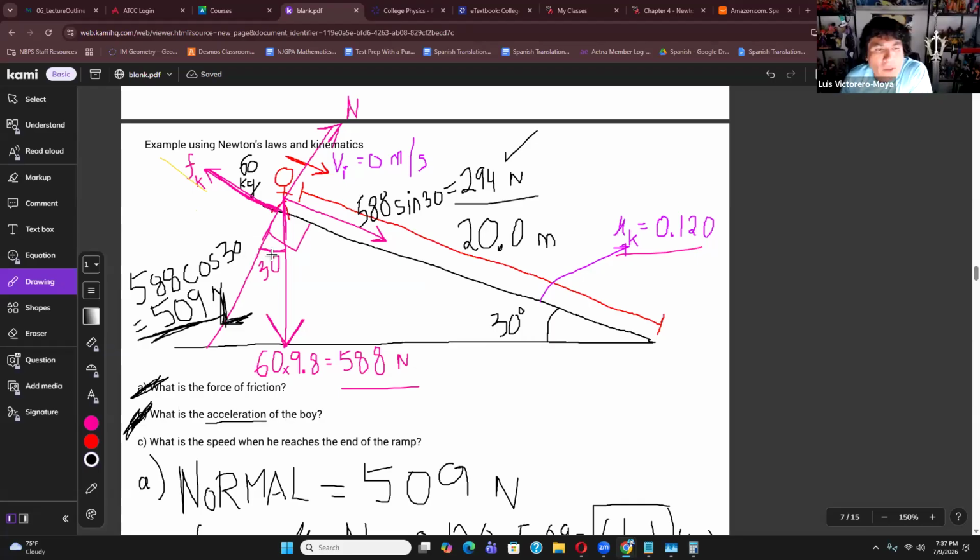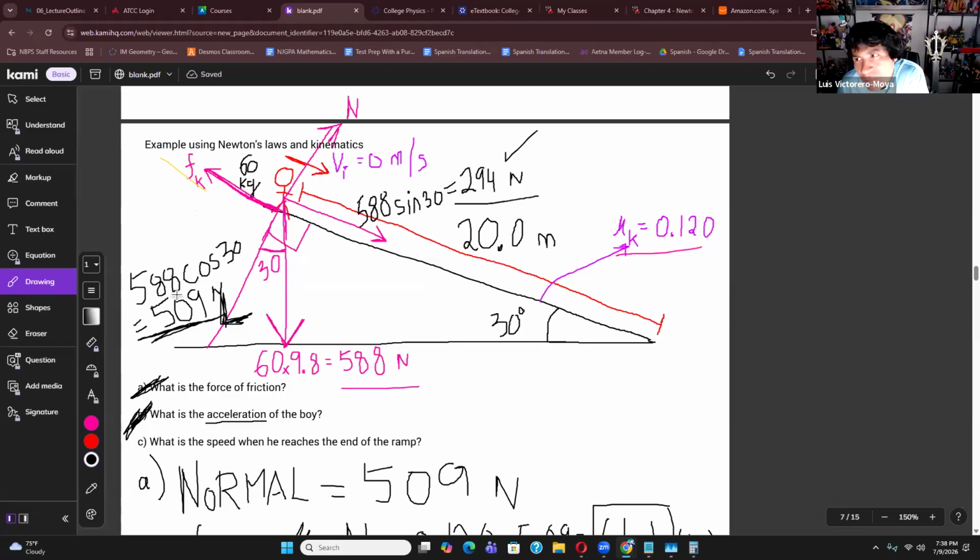The reason is that when you break into components, you want to use the angle with the horizontal. You have to realize which is the adjacent, right? The adjacent to the weight is this one here, and the angle between the adjacent and the weight is 30 degrees.